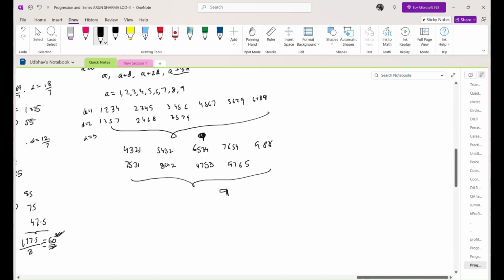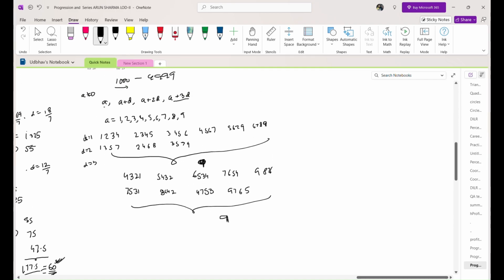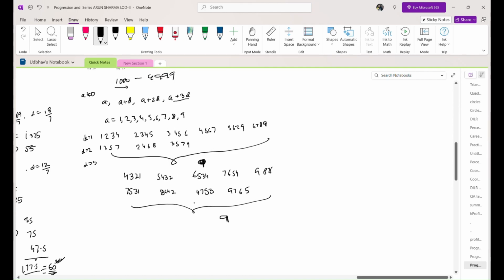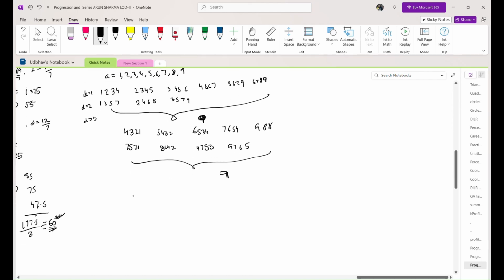Okay, but we are assuming that A is not equal to 0 because we have said that A is the first digit, so A won't be 0, but A can be the last digit. So if we see A equals 0 and D equals 1, then we'll get 0, 1, 2, 3; D equals 2, 0, 2, 4, 6; D equals 3, 0, 3, 6, 9; D equals 4, 0, 4, 8, 12.